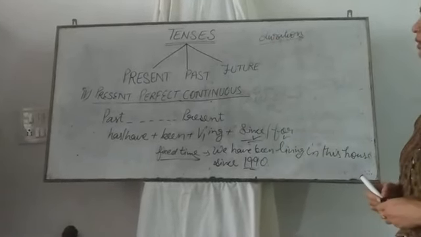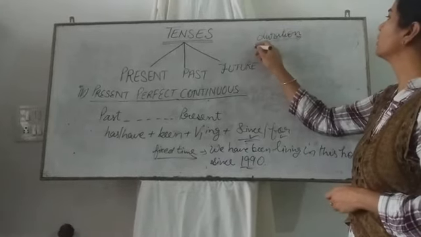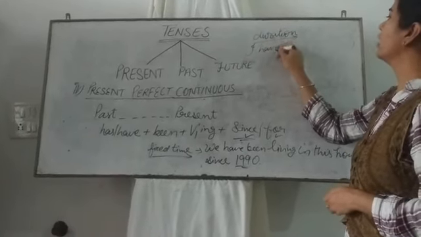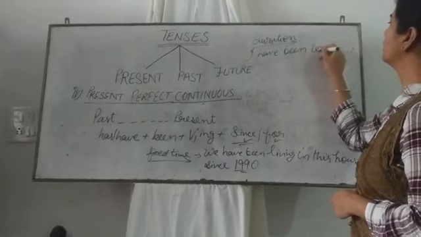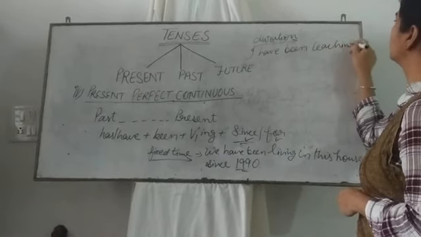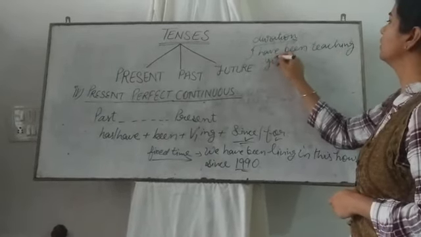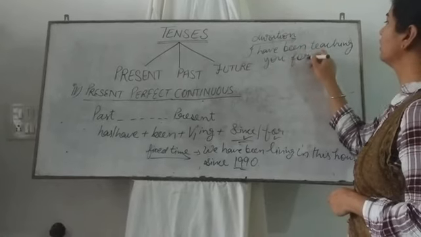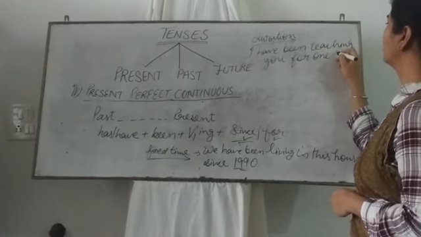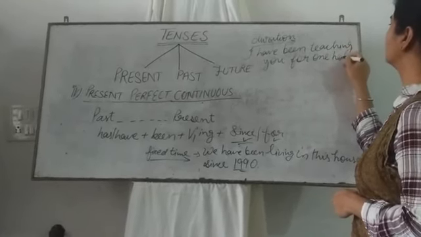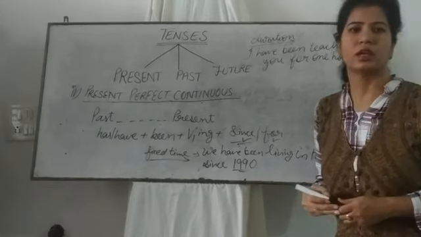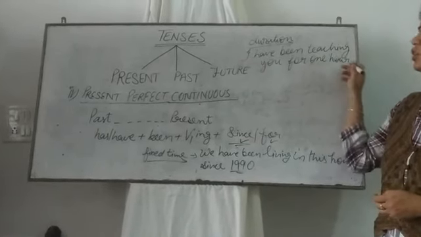And for is used for the duration of time. For example, I have been teaching you for 1 hour. Clear? It's the duration of time.